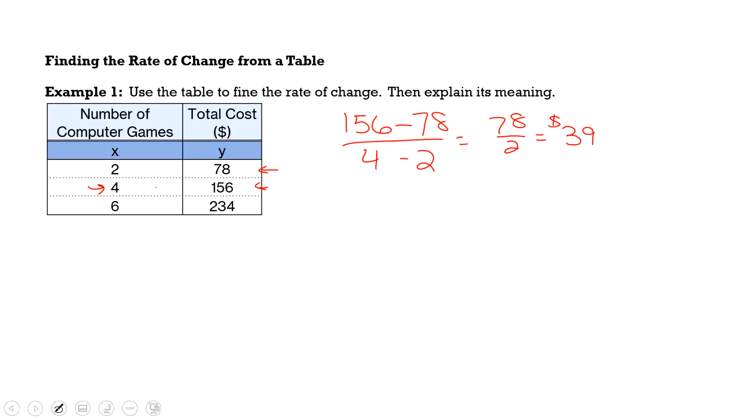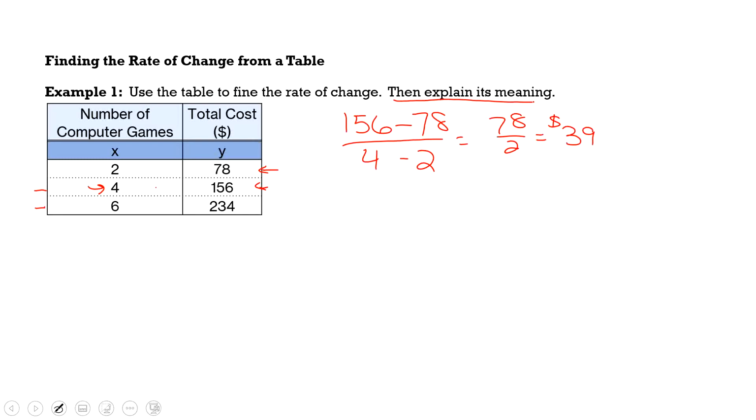If I wanted to check that it's a constant, I would then do these two. I would do 6 minus 4, or 234 over 6 minus 4, to see if it was a constant rate of change. Does that make sense? So when I look at this now, it actually is a constant rate of change, just so you know. Now I want to explain its meaning. So what is the meaning of that $39?